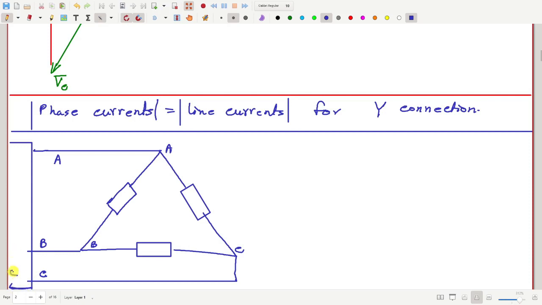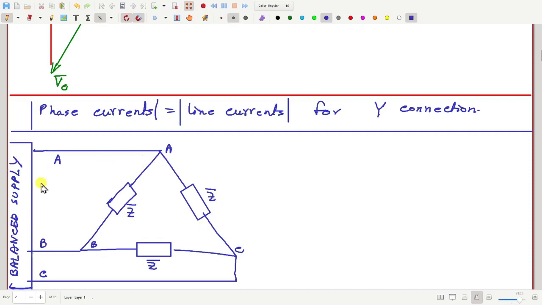Here we have a balanced supply, which means voltages are 120 degrees apart and of equal magnitude. And suppose the loads Z1, Z2 and Z3 are also all equal to Z.